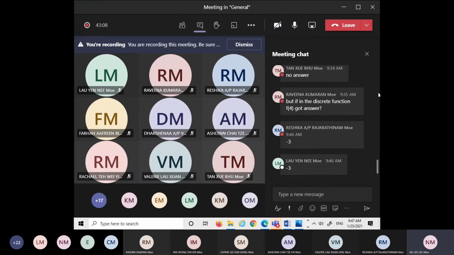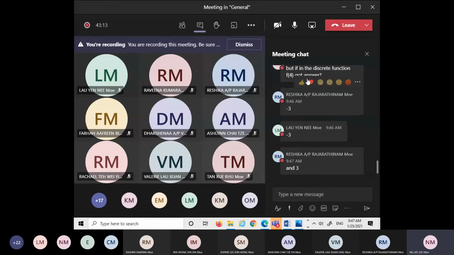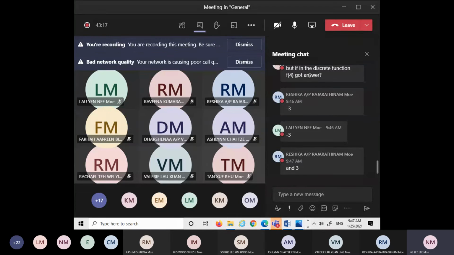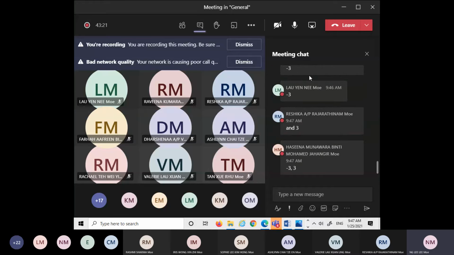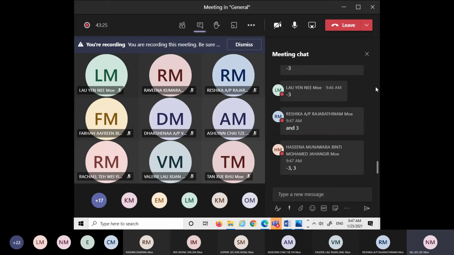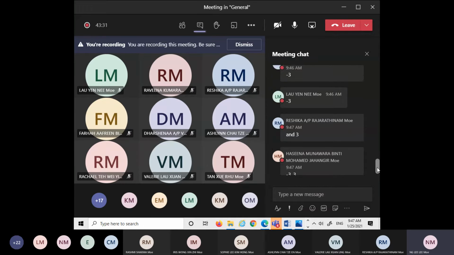Ravina asked, but in the discrete function f4, there was the answer 4 just now. Someone said -3, but it's not -3.